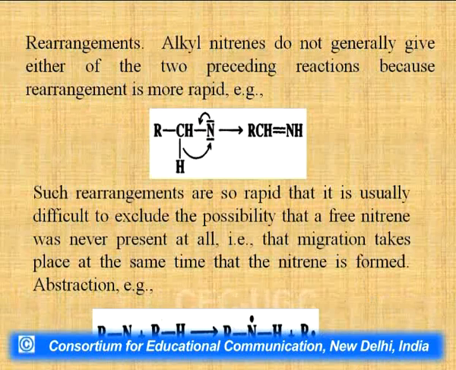Rearrangement reaction: alkyl nitrenes do not generally give either of the two preceding reactions because rearrangement is more rapid. Such rearrangements are so rapid that it is usually difficult to exclude the possibility that a free nitrene was never present at all. That is, migration takes place at the same time that the nitrene is formed.